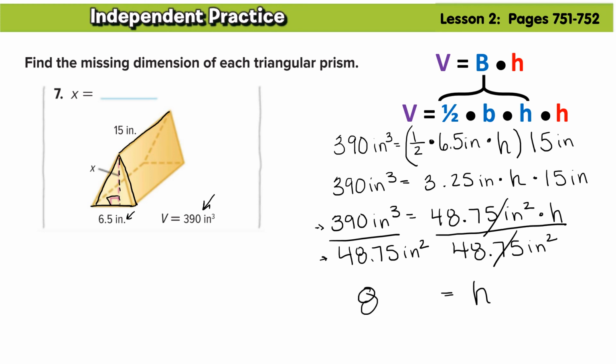I'm just going to review this: inches cubed over inches squared equals inches times inches times inches over inches times inches. So they cross out, and that just leaves you with 1 inch left over. So the height is 8 inches.